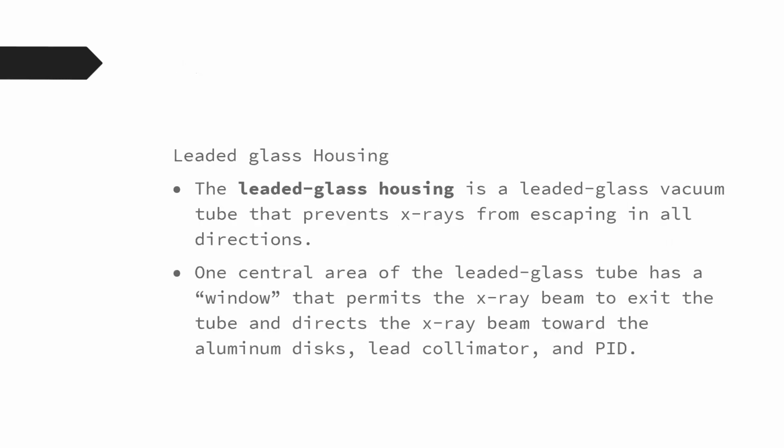So the leaded glass housing, right? So this is a leaded glass vacuum tube that prevents X-rays from escaping in all directions, all right? However, as we've seen in the image before, there's that one lead glass window that allows the exit of the X-rays when they are produced, all right?